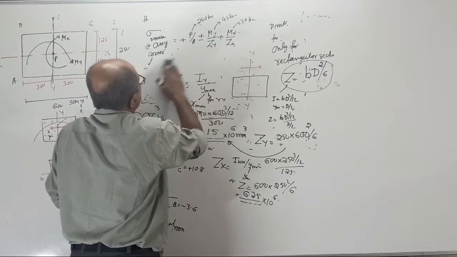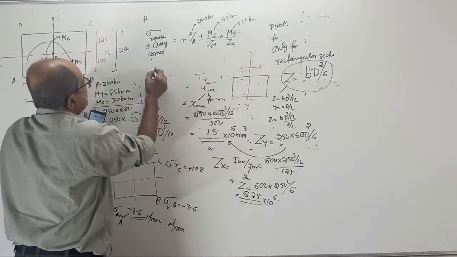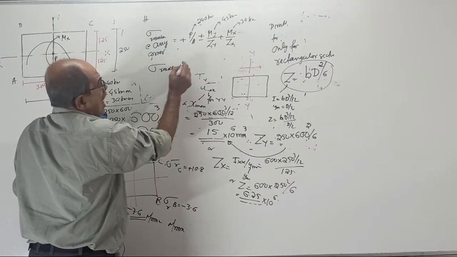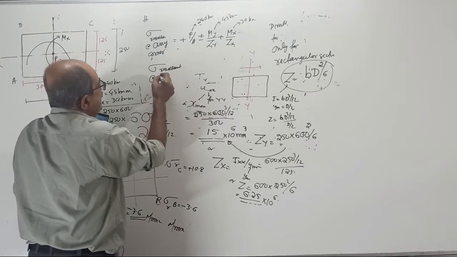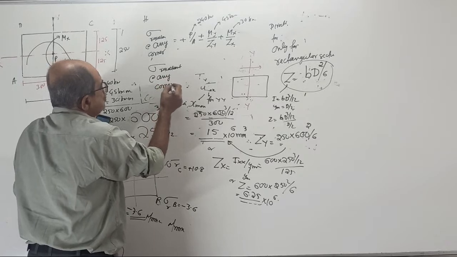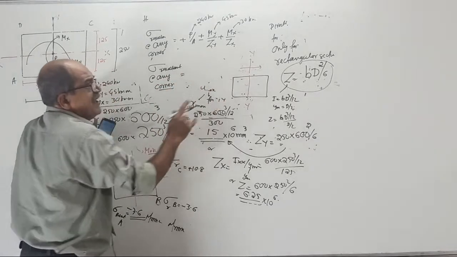If you substitute here, therefore, sigma resultant, remember now, it is not anywhere, at any corner. When you use Z concept, you should not consider intermediate level.